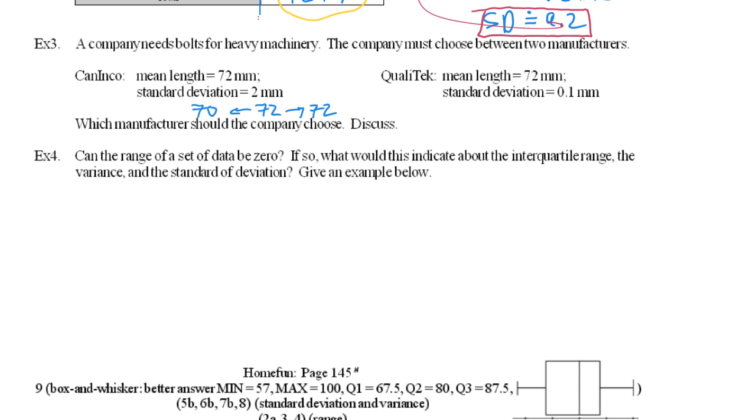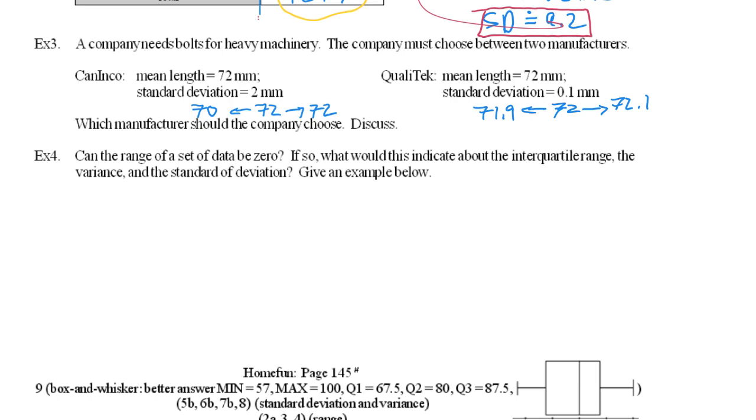The same can be said for Qualitech, right? So if we take a look at this Qualitech company, the mean in this case is 72, right? And the standard deviation means it goes up by 0.1 to 72.1 or down to 71.9. So it's kind of like you're adding 0.1 and subtracting 0.1 from your answer. Now, if I look at this, it says, which manufacturer should I choose for that part?